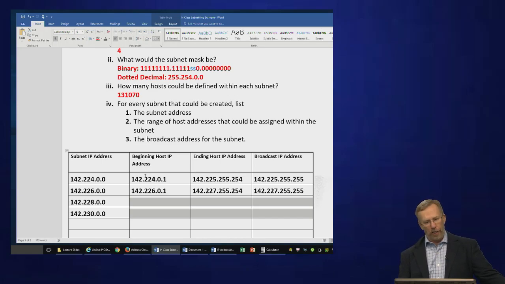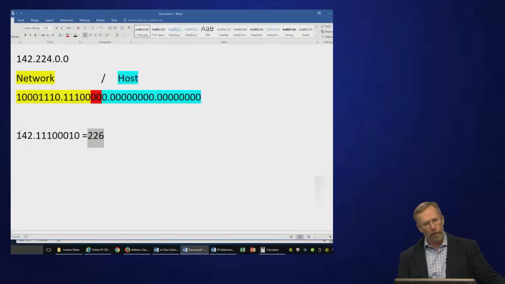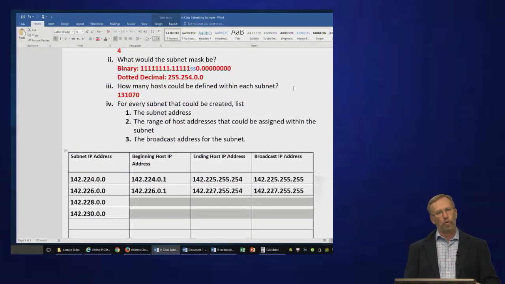That's a little bit tedious to have to go through this whole process of figuring out what the next network is when I increment in binary, but I can do it. A better way might be to use an online calculator.